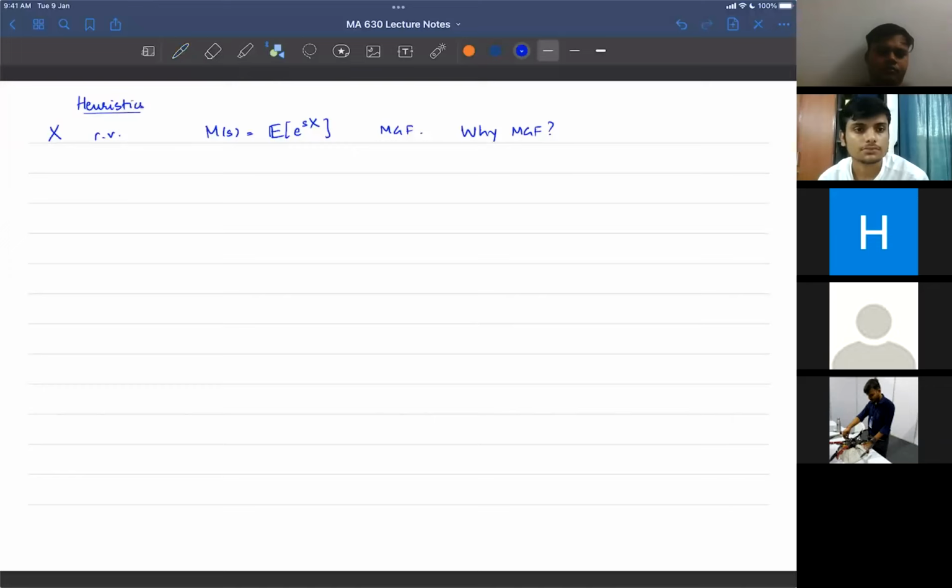I'm writing this heuristically, so this is not rigorous. This is not a proof. Here we're just boldly doing some calculations and hoping that they will work. So suppose I take the derivative, m prime of s. This is going to be expectation of what? X e to the sx. Agreed. What is m prime of 0?